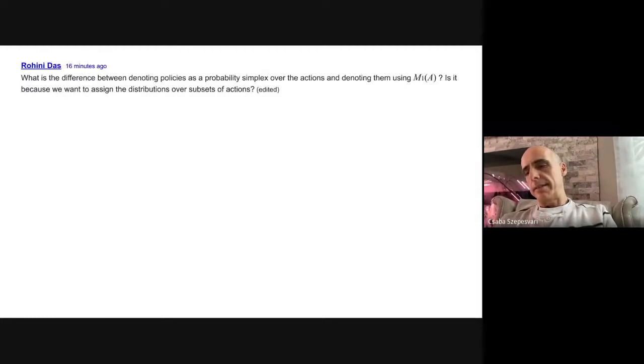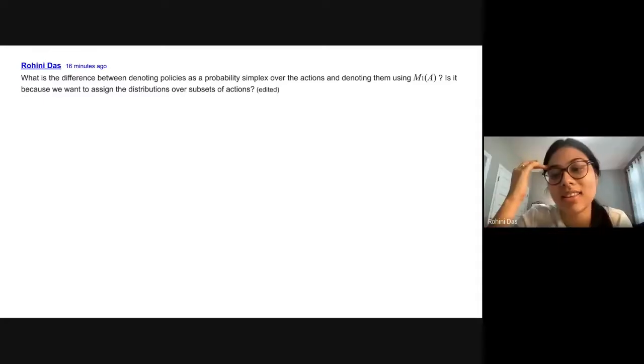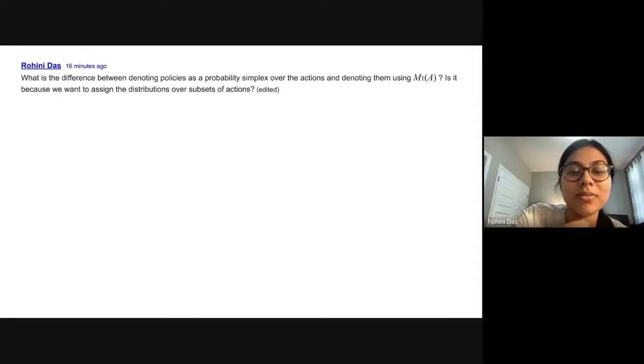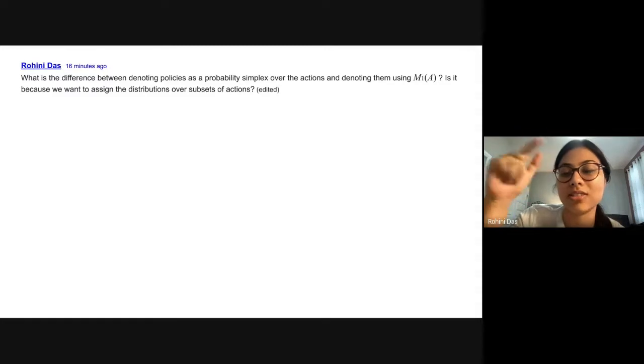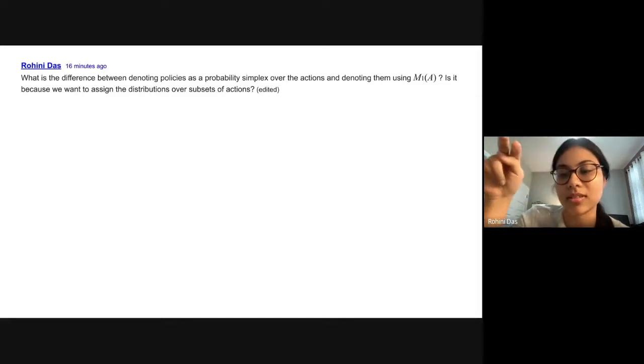All right, Rowan, do you want to ask your question? Because I wasn't quite sure. Yeah, I think from other sequential decision making literature, I have found that at a decision point where we have to take some actions, we denote our decision space as a probability simplex over the number of actions possible in that state or in that decision point.